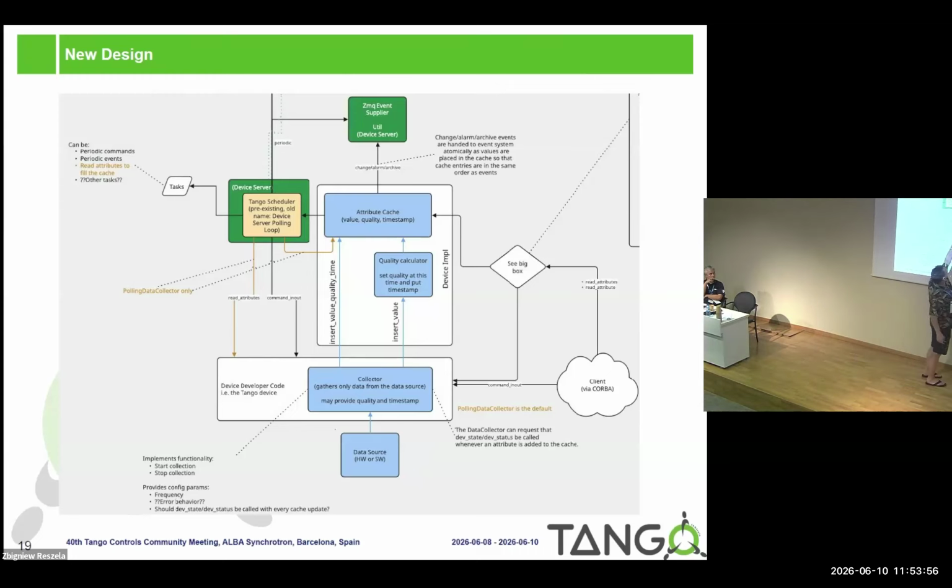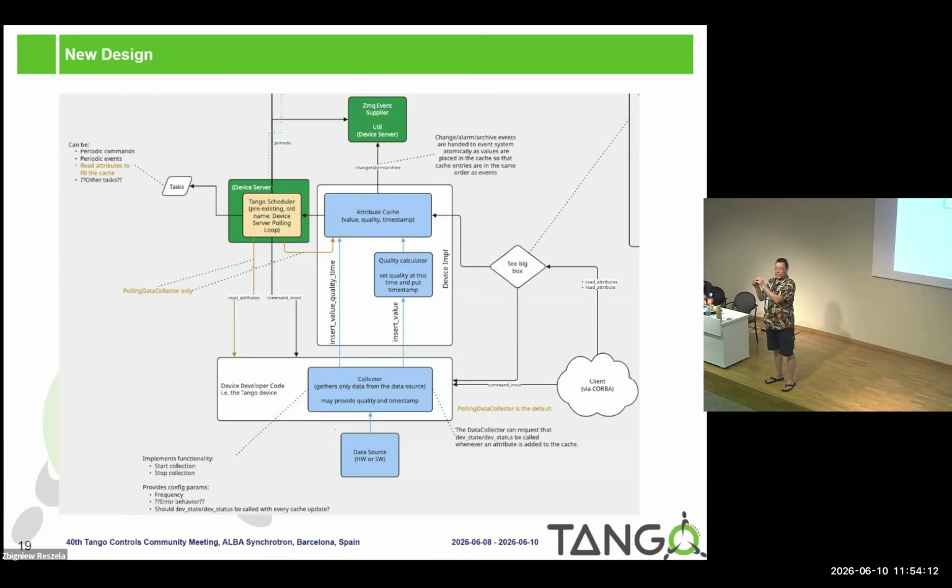So actually two paths. And essentially, when you then have the normal device server, the Tango device, it will just look at the attribute cache, right?